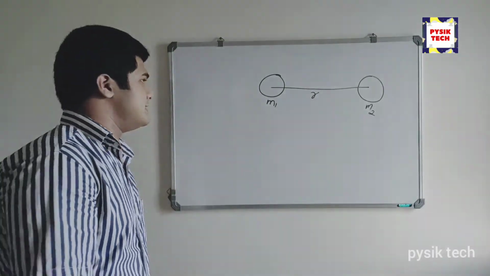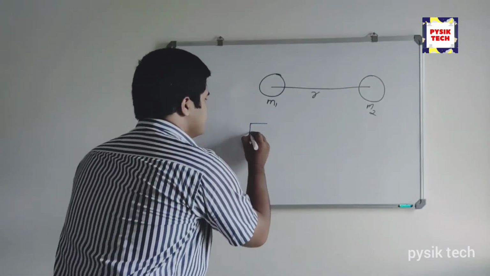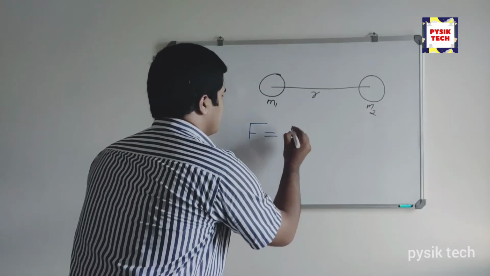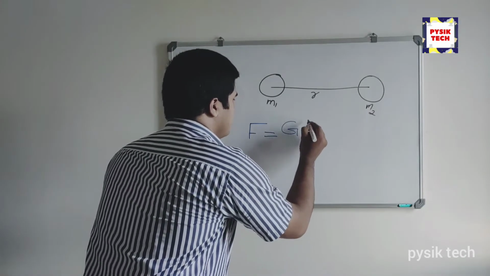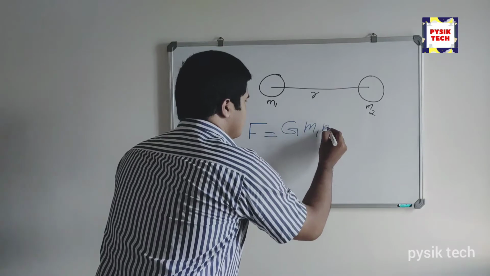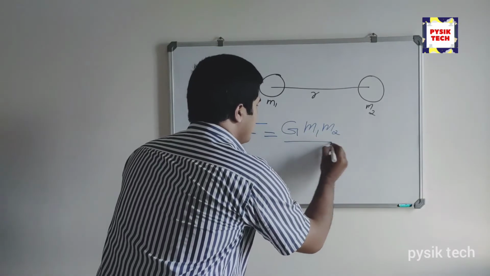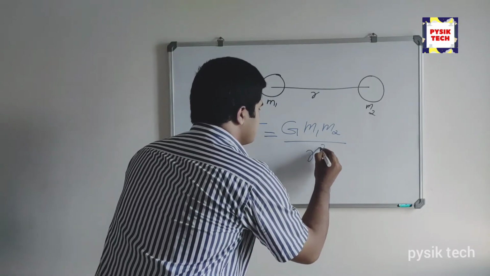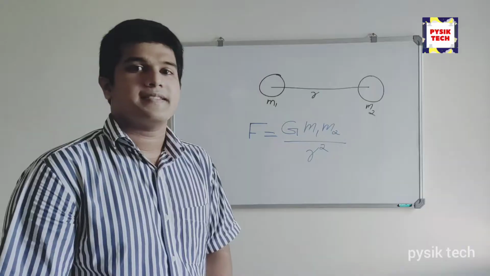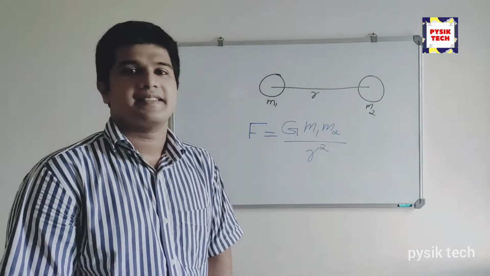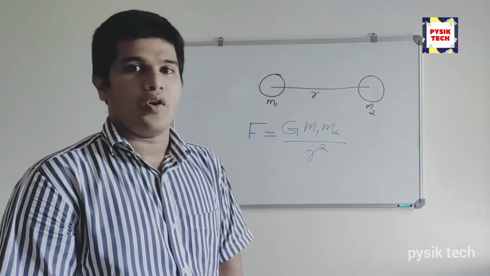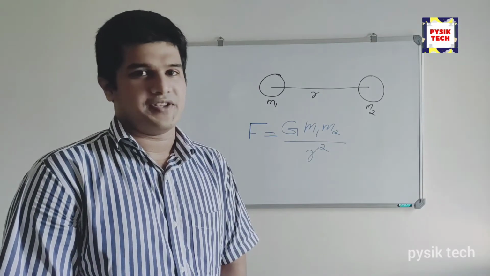The force F is equal to G m1 m2 by r square. This is known as Newton's law of gravitation.